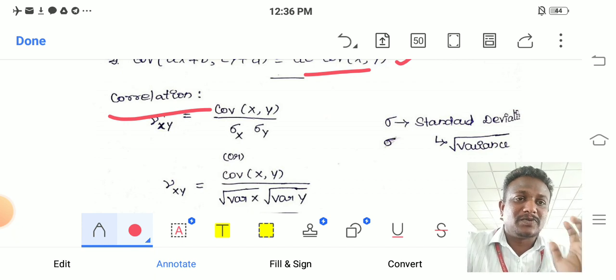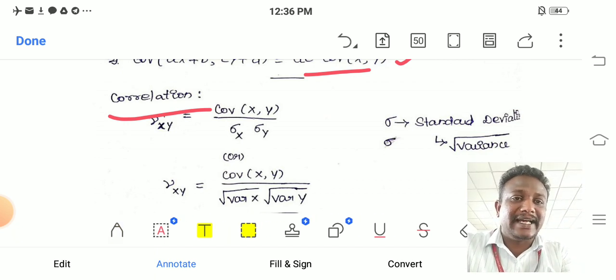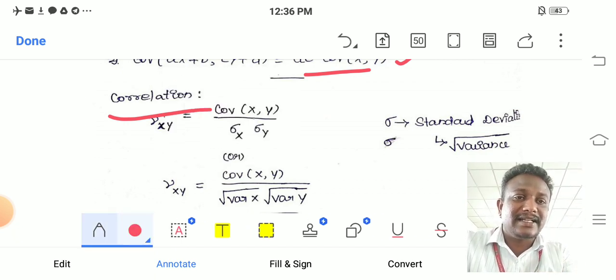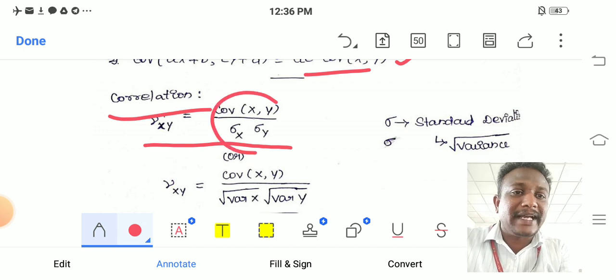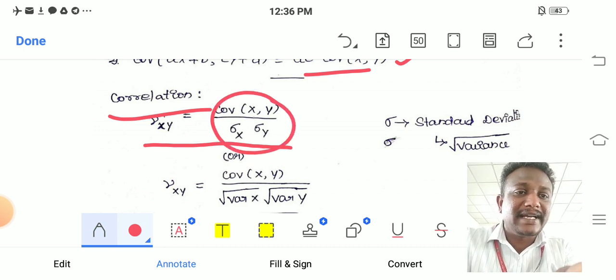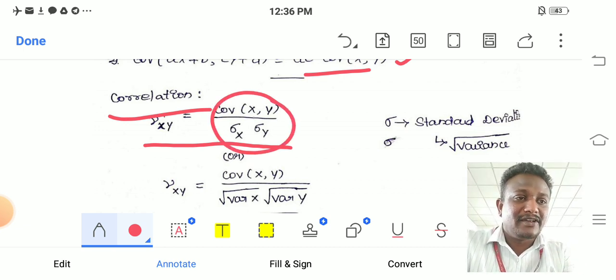Okay, so now what is the formula to calculate correlation? Let us see. It is gamma of x comma y is equal to covariance of xy divided by sigma x dot sigma y. So to calculate correlation, without covariance we cannot calculate the correlation.